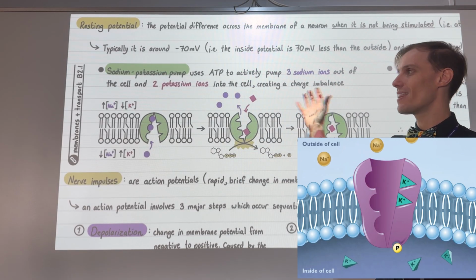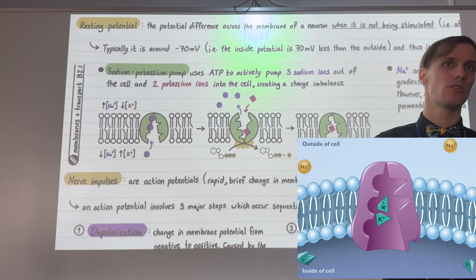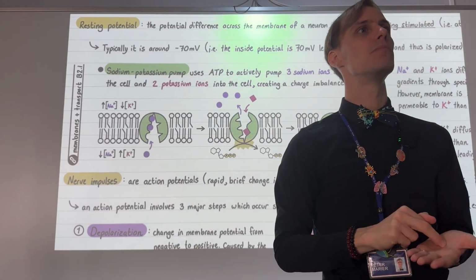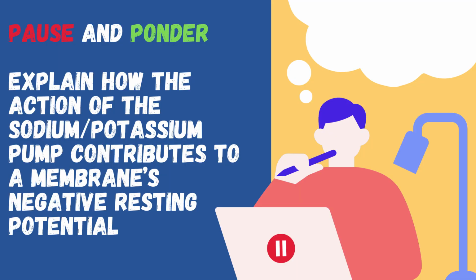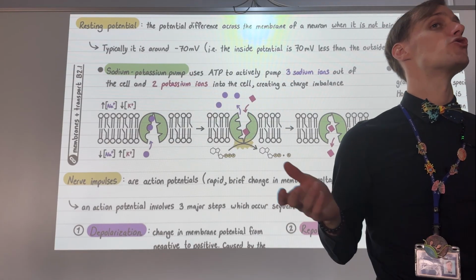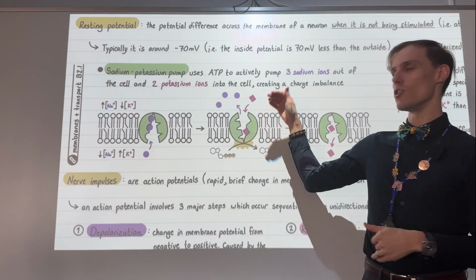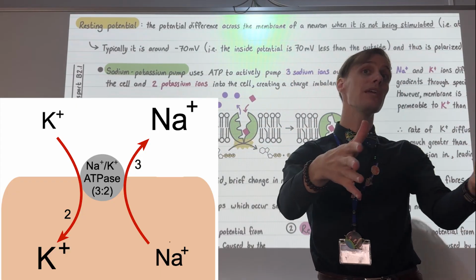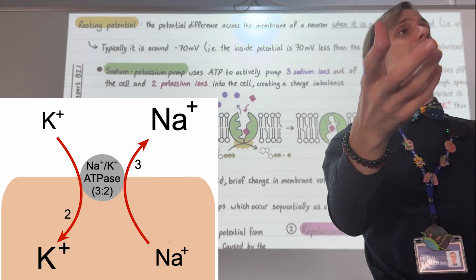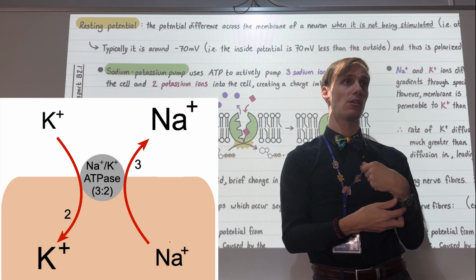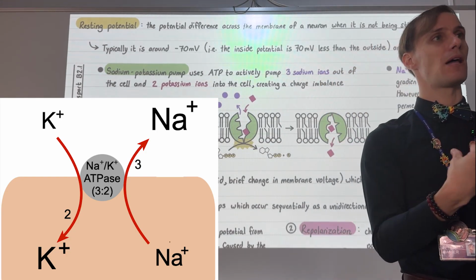Now, how can this contribute to a negative membrane potential? It's an uneven trade, so to speak. You are getting rid of 3 positive things, but you're only taking back 2 positive things. So you are causing an imbalance of charge.